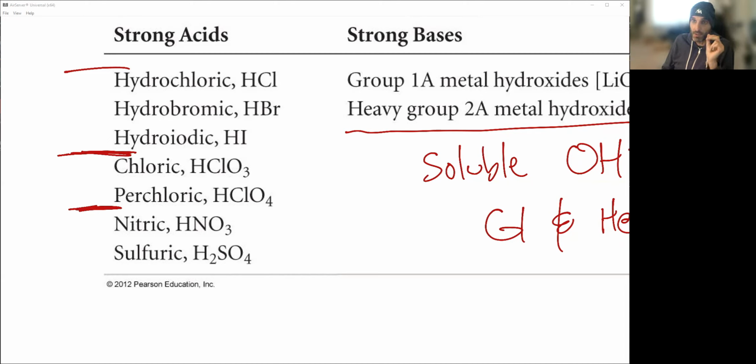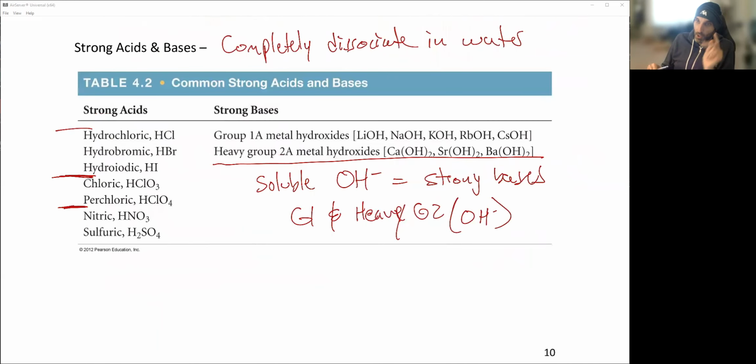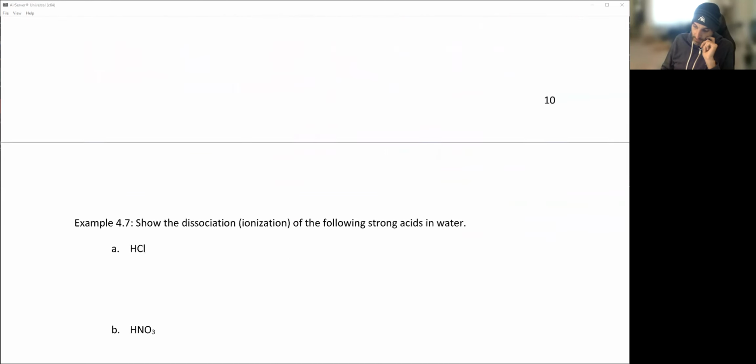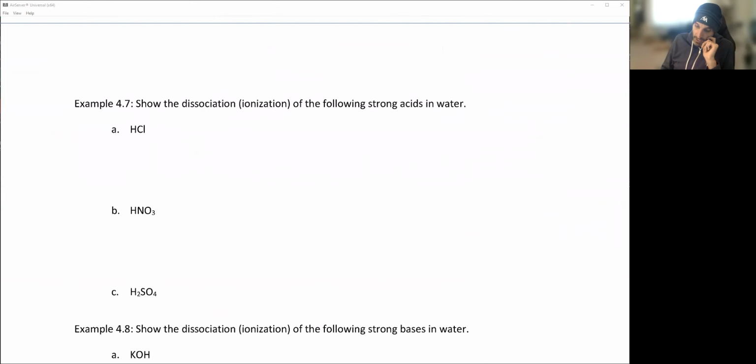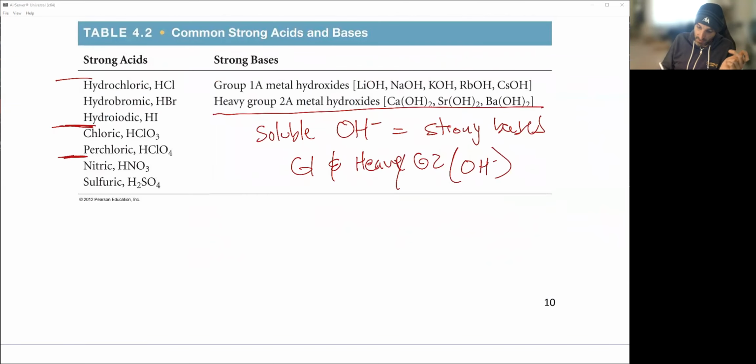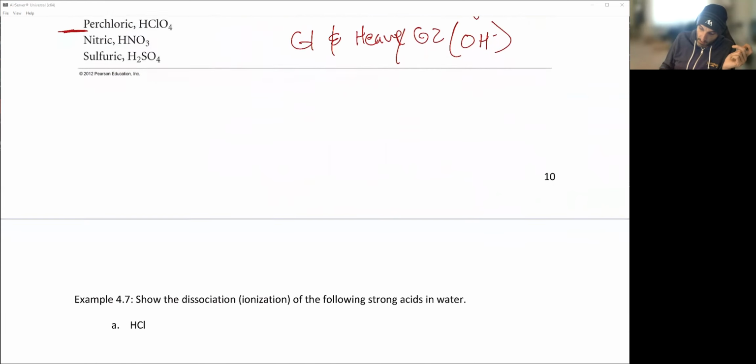You need to know those. They're strong acids because they completely dissociate. So know that list. It's not that long. Just take a look at the periodic table, line it up, and recognize why it's strong. And by the way, we know that nitrates and sulfates are soluble, and so they're completely soluble. That's why we expect those to dissociate.